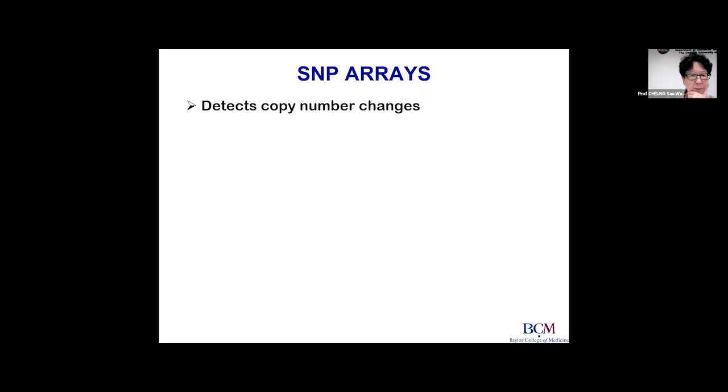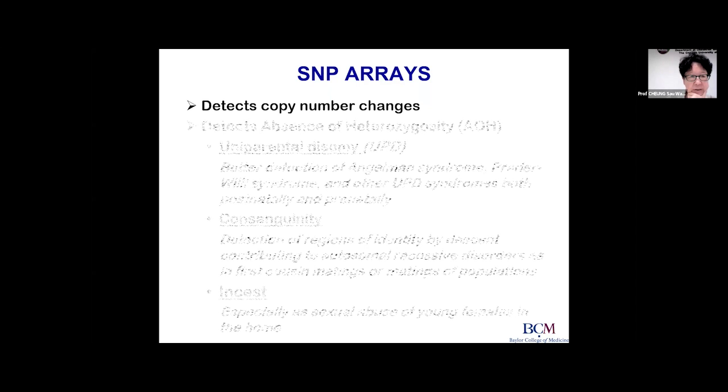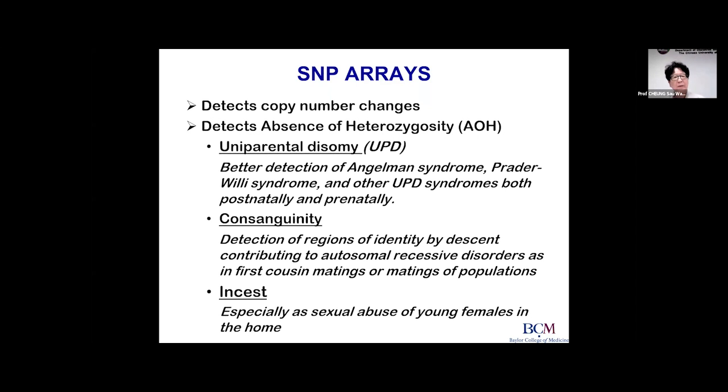Now, a little bit about the SNP array, because the SNP array could detect copy number changes. But because it's using SNPs, single nucleotide polymorphisms, we could detect what is known as absence of heterozygosity, which I will show you in the next few slides.